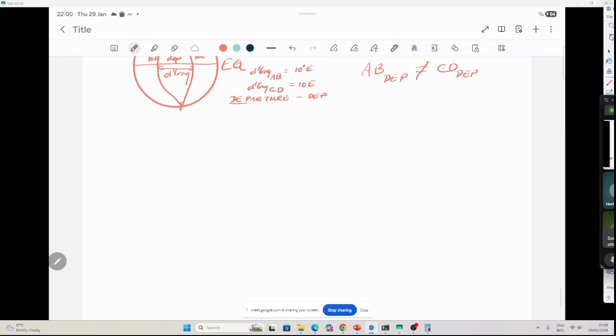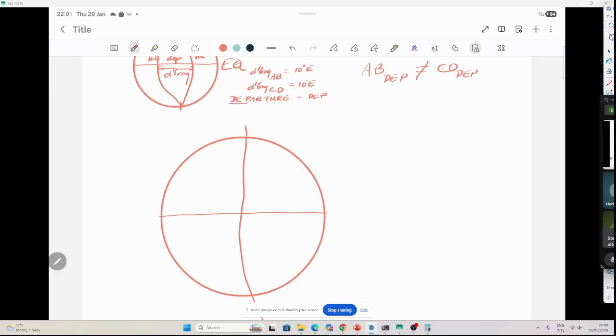I will draw the circle again. Now you can see, as I explained earlier, when you look at the, sorry.